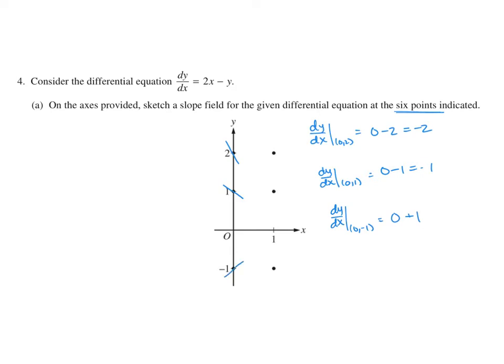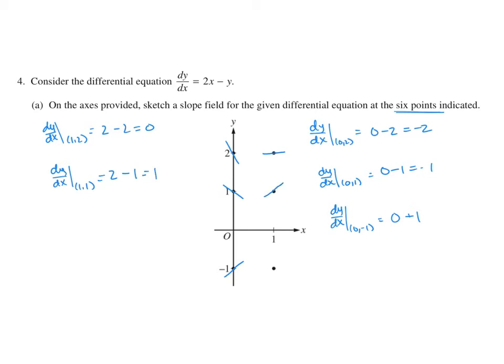And we need to do the same thing for the 3 other points. So dy/dx at (1, 2): 2 times 1 minus y, that's just 0. Need to do (1, 1): 2 times 1 minus y is 1.